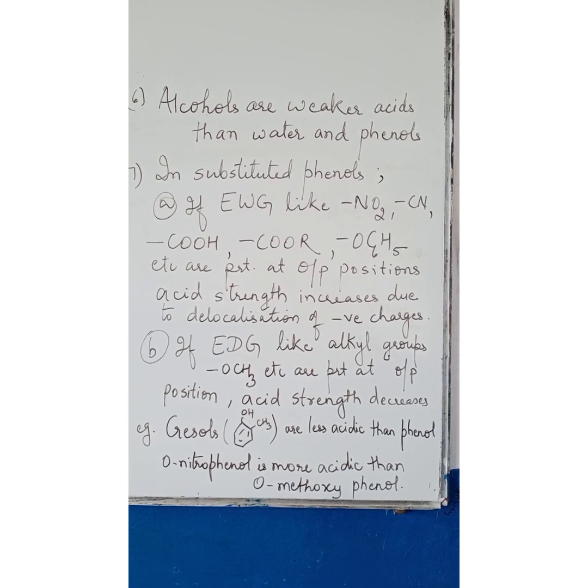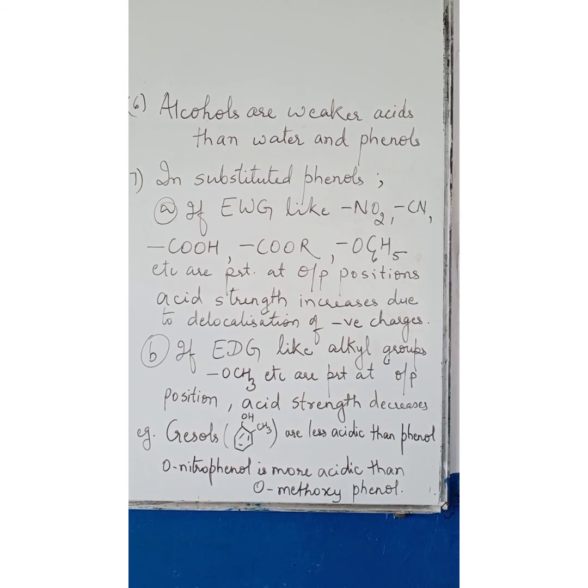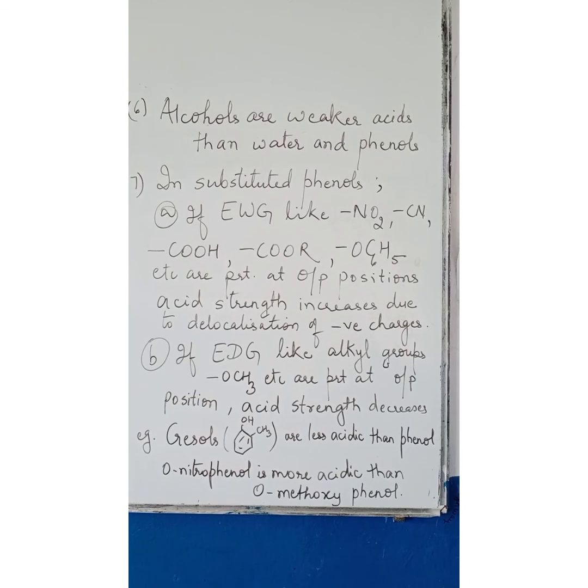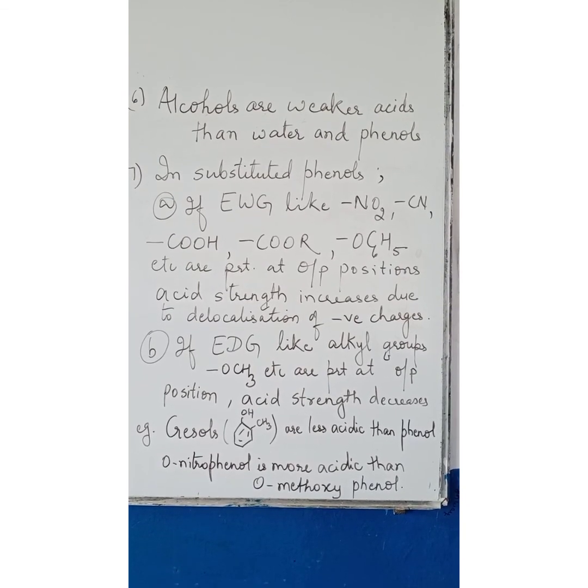So acid strength increases. In case electron releasing or donating groups like alkyl groups, methoxy groups etc. are present at ortho and para positions, the acid strength decreases because these groups will increase the density of electrons on oxygen, and hence the hydrogen will be held tightly by the oxygen, not allowing it to go.